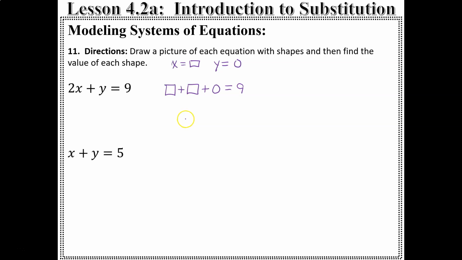And then I have a square plus a circle equals 5. So if we replace the square and circle with 5, we have a square plus 5 equals 9. So subtract 5. The square is 4.